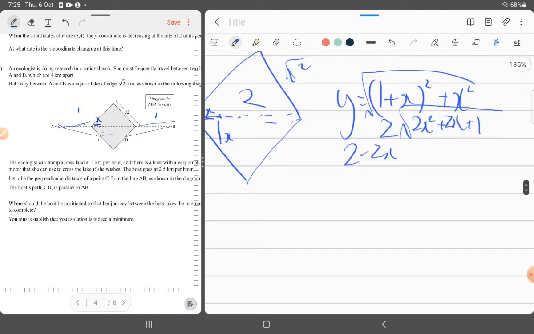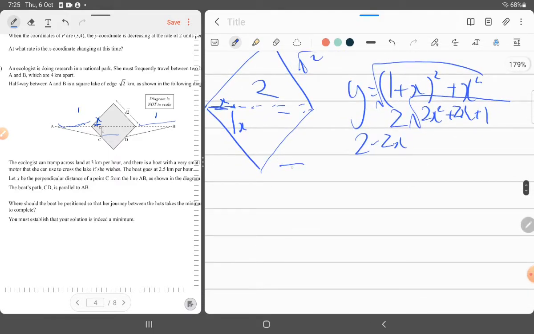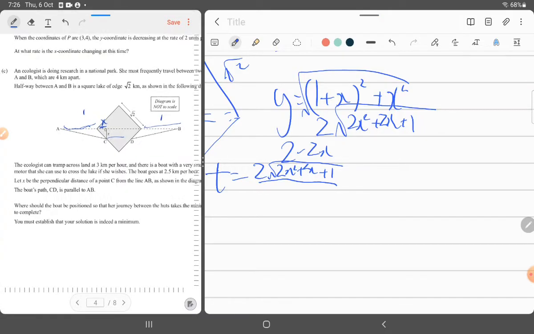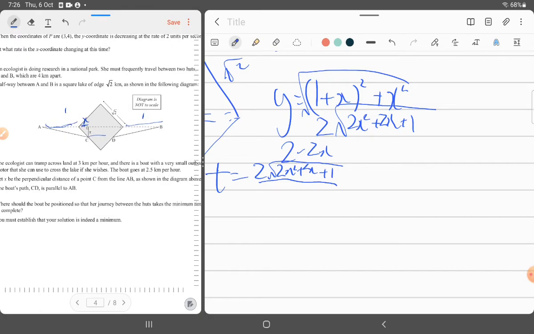And so the total time will be 2 square root of 2x squared plus 2x plus 1. That takes 3 hours. Yeah, 3 kilometers per hour.